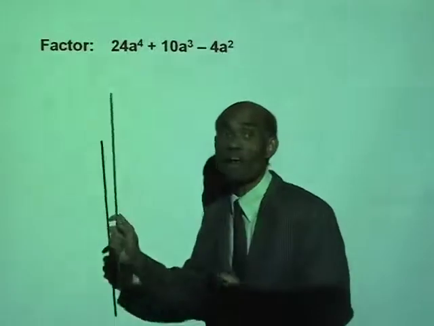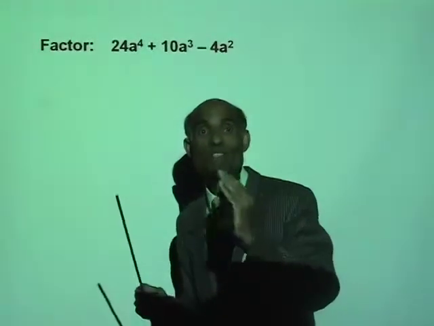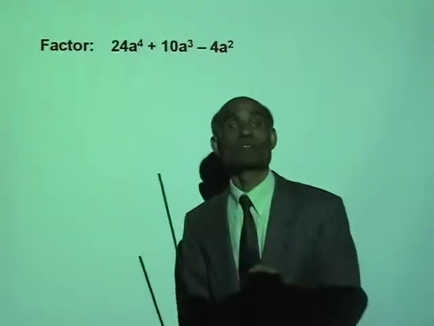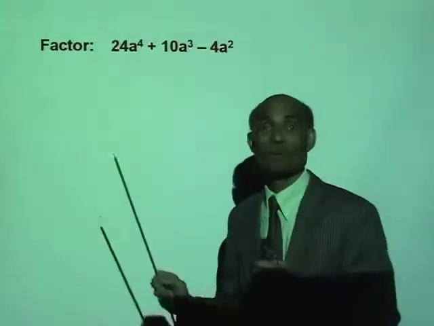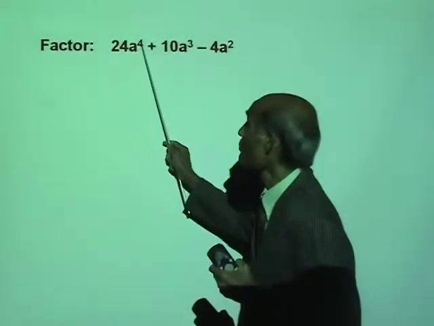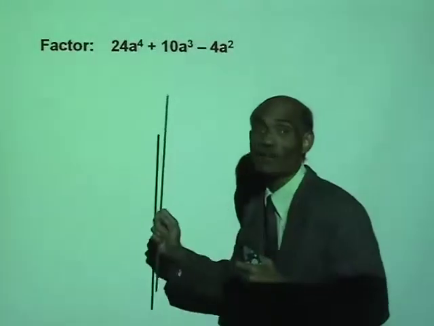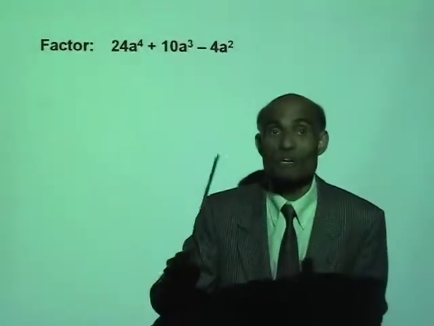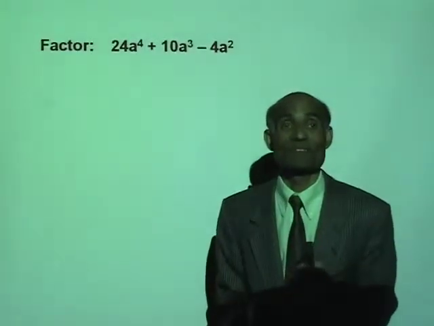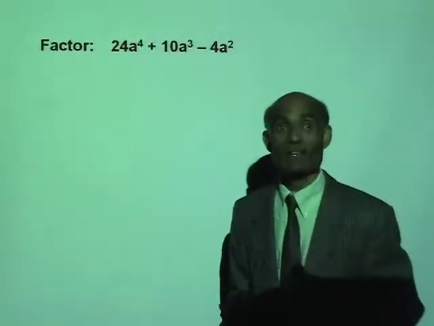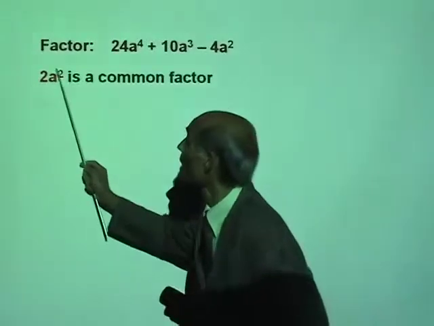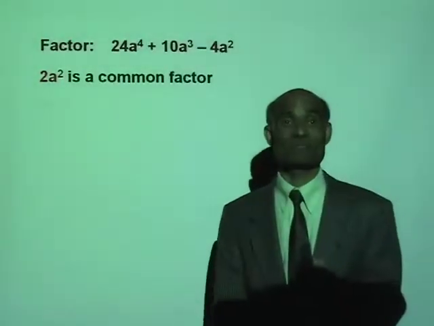What is the common factor for 24, 10 and 4? It is a 2. And then a to the power 4, a cubed and a squared. What is the common factor in those 3 terms? That is a squared. So 2a squared is the common factor.